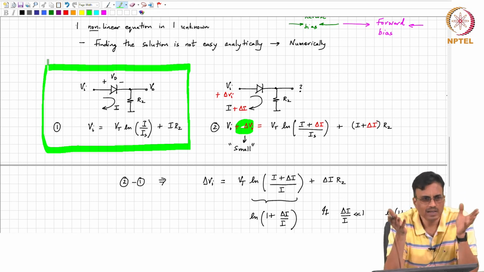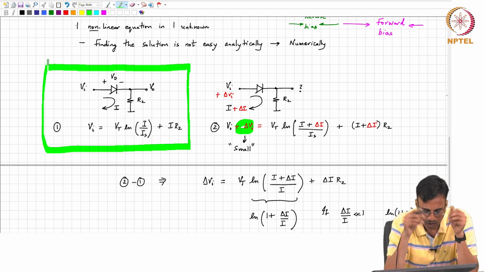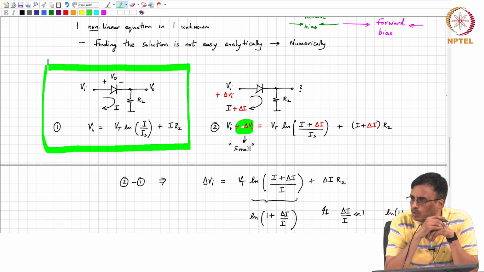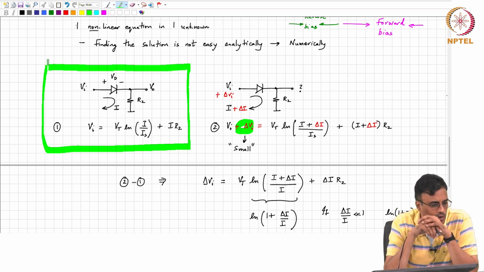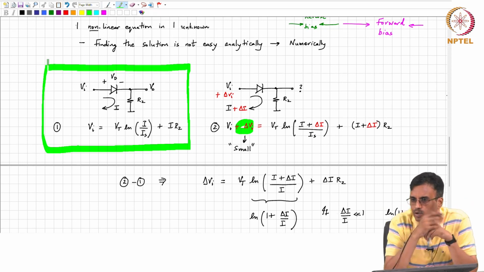Okay. So, as you can probably imagine, finding the solution to these equations analytically is almost impossible. You have to resort to some kind of numerical technique.